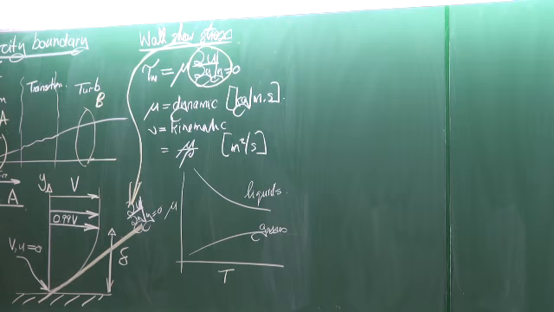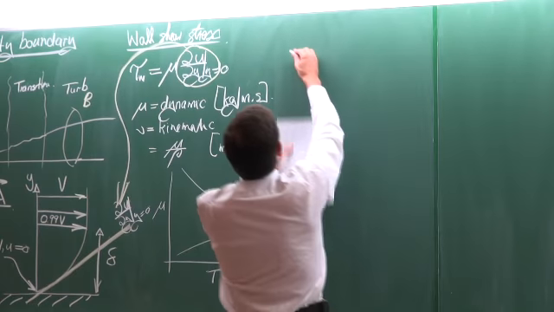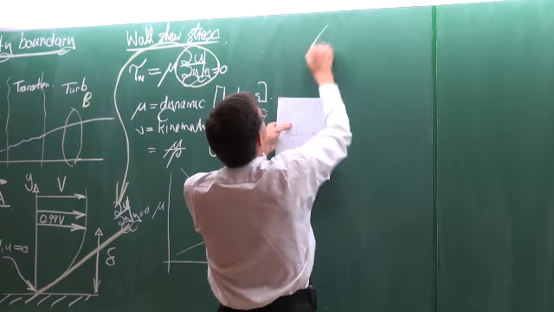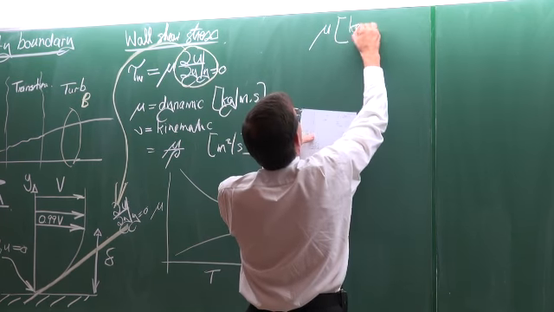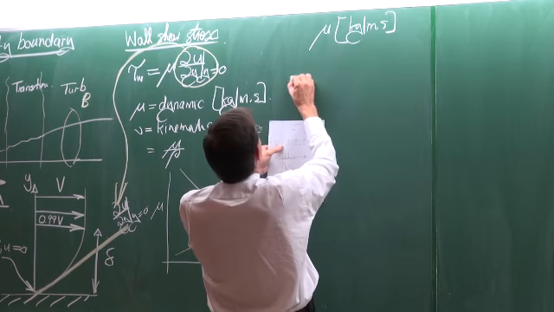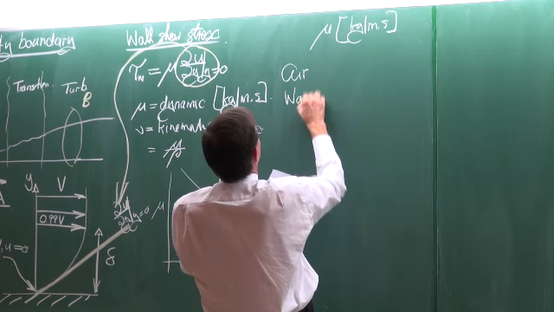as a function of temperature. Just so that you can get an idea of the orders of magnitude, let's look at typically the viscosity, which would then have the units of kilograms per meter second, of air and water.